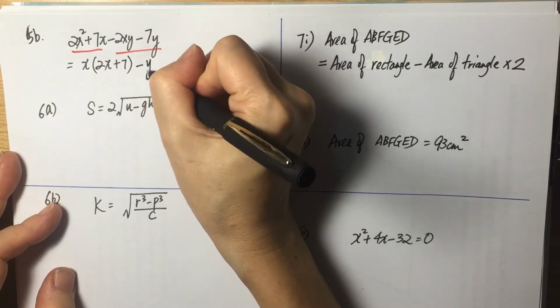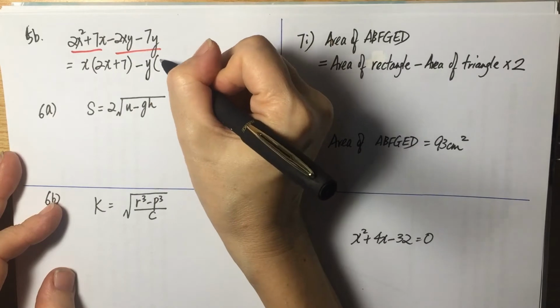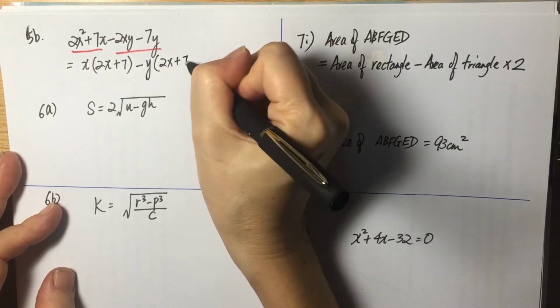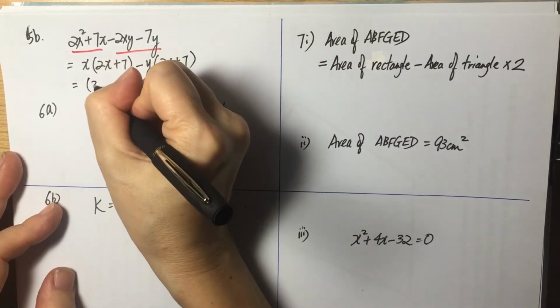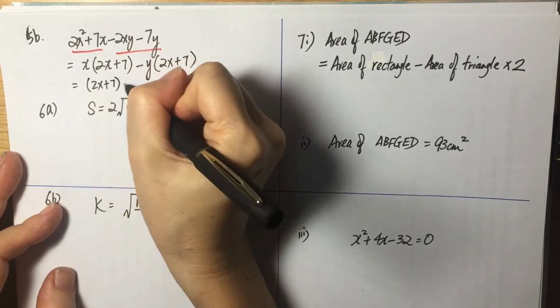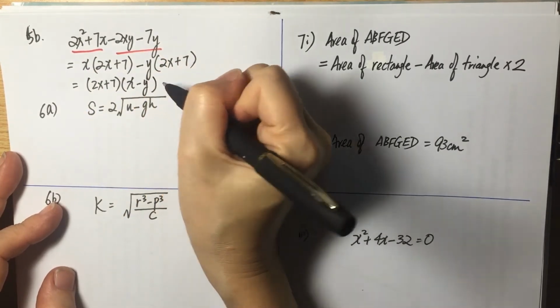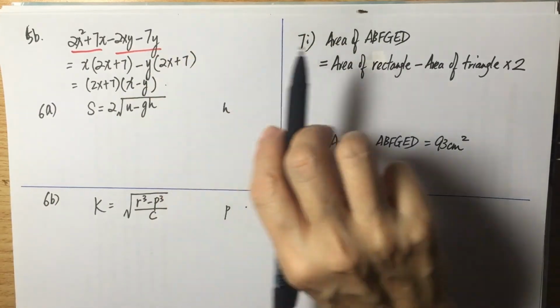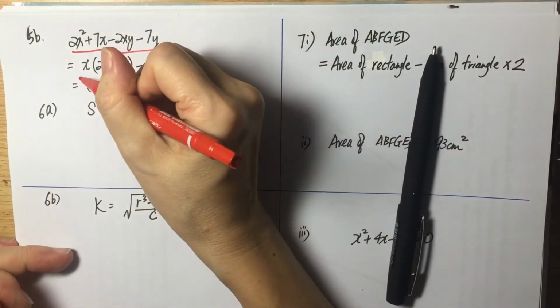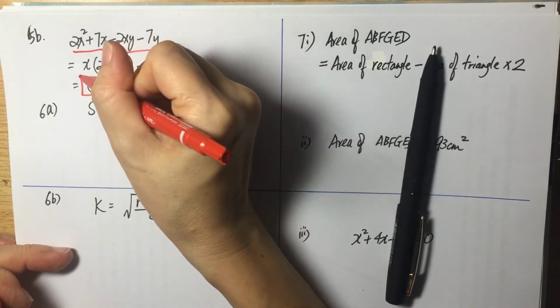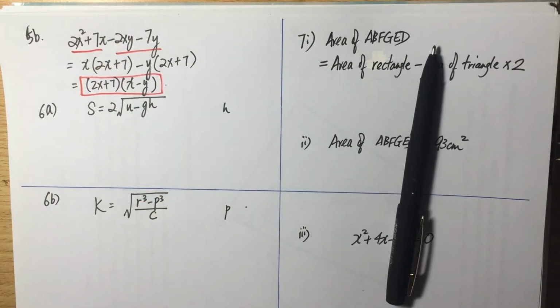So if I take negative y out, I have 2x plus 7. So 2x plus 7 is the common factor. The first term you have x, the second term you have negative y. So therefore the answer is 2x plus 7 times x minus y.